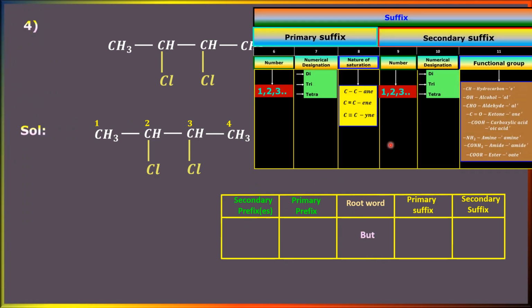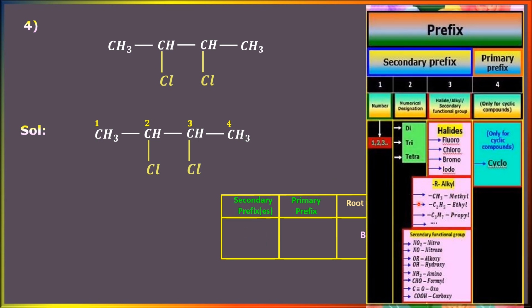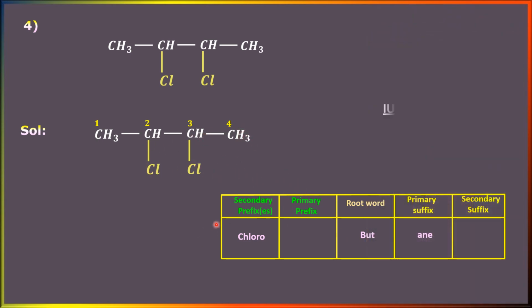Next, primary suffix is ane because only single bonds are there. Next, secondary prefix is chloro. Here the second and third carbon atoms are attached to the substituents. So 2,3-dichlorobutane. The IUPAC name is 2,3-dichlorobutane. Here 2,3 are the number prefixes and di is the numerical prefix. I already explained this in the IUPAC naming structure.